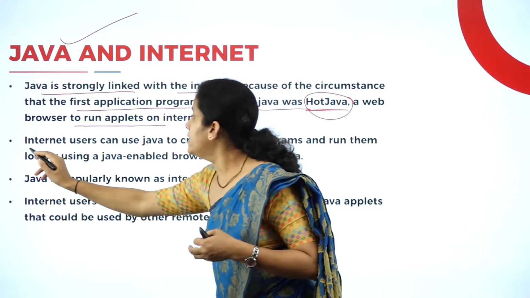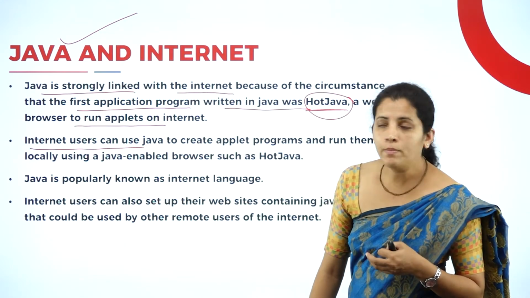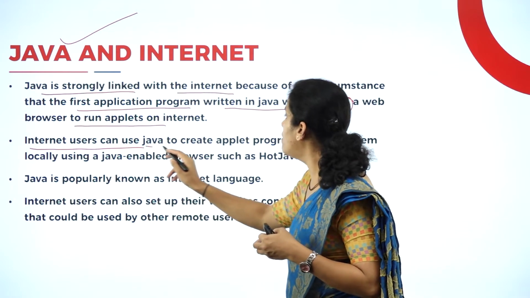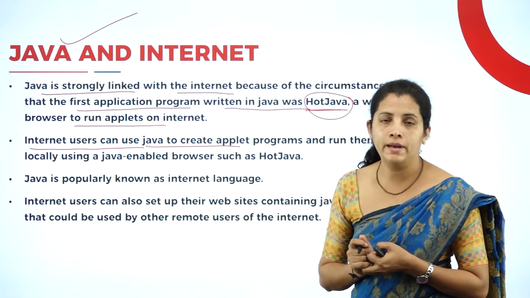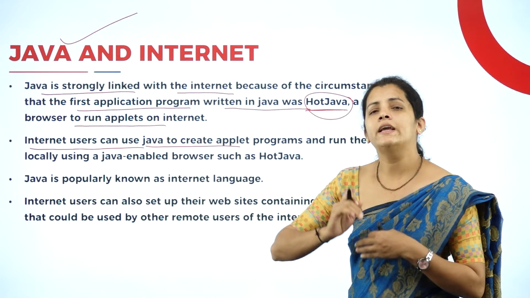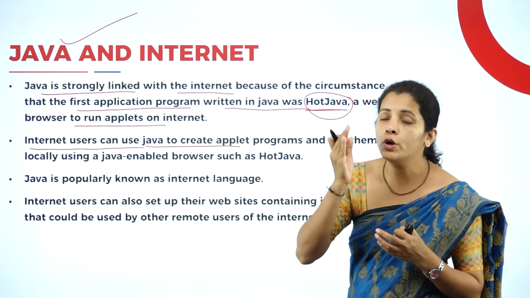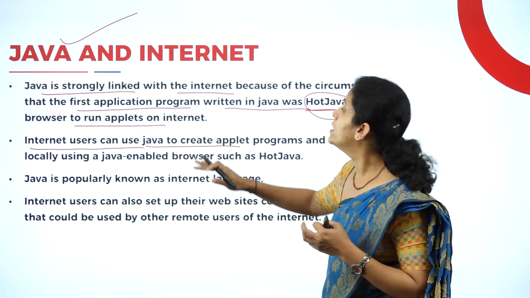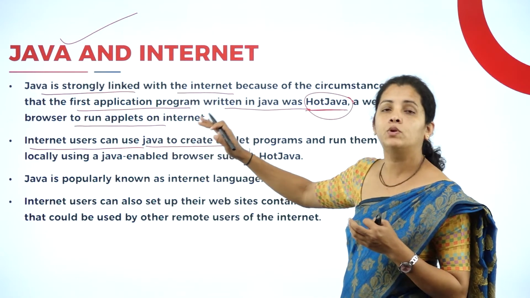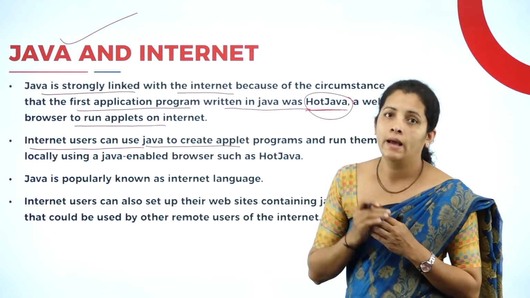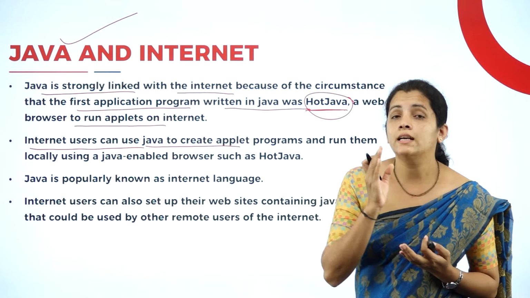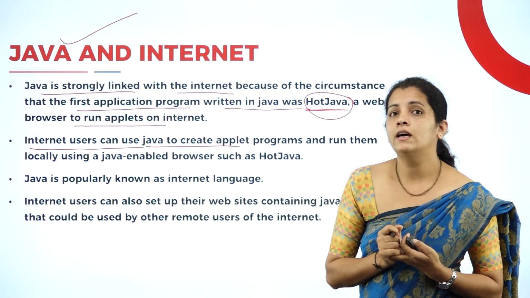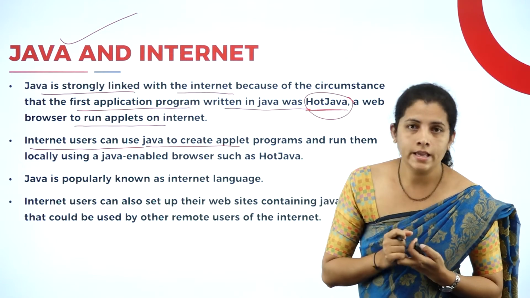So an internet user can use Java to create applet programs. That means any user of the internet can use Java to create their own applet programs. Consider the example that I want to open the calculator.